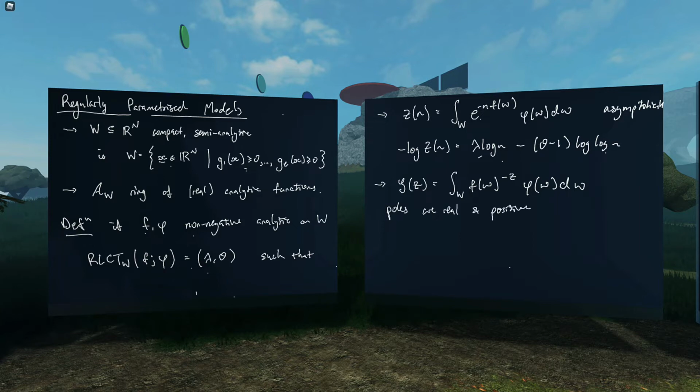It extends to a meromorphic function on C. Again, these proofs are in Lin, or at least there are references there. And the smallest pole is lambda with multiplicity theta. This is proved by resolution of singularities, which is probably a story for another day.